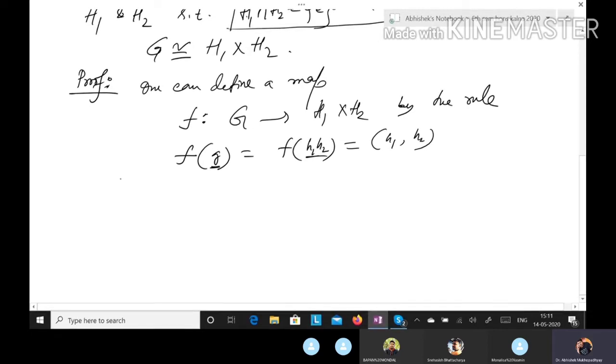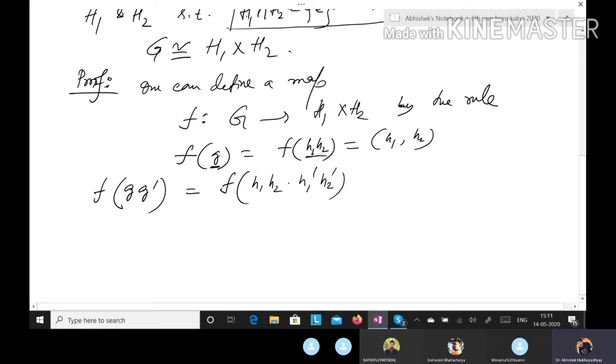Now it is a routine checkup that if we consider two elements g, g dashed, then g can be written as h1 h2, and g dashed can be written as h1 dashed h2 dashed.